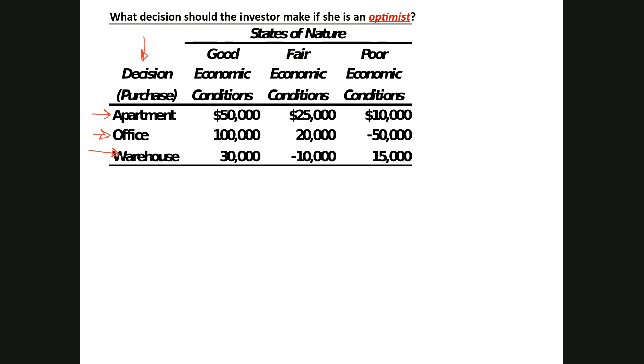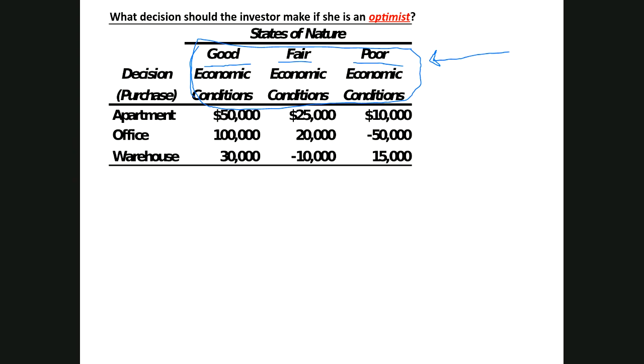Once we make that decision, we have to wait until something happens in the future. In this example, we're given 3 different states of nature. The economy can either be good in the future, fair in the future, or poor in the future.